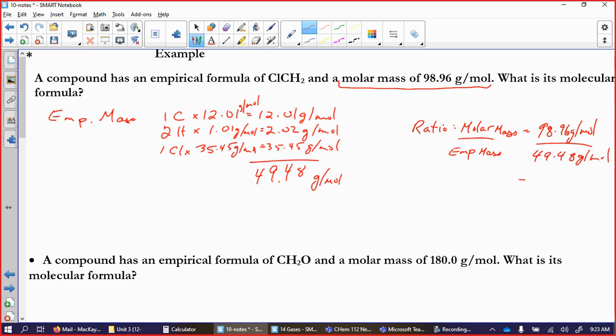So this gives a ratio of 2. So that means we need 2 of those units to make the actual molecular formula. I would write it as 2 carbons, 4 hydrogens, and 2 chlorines.